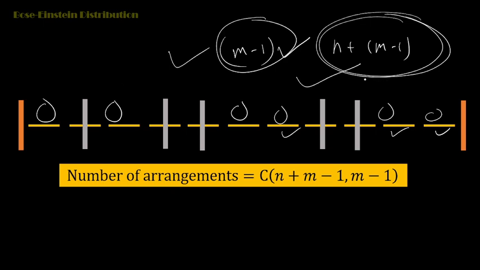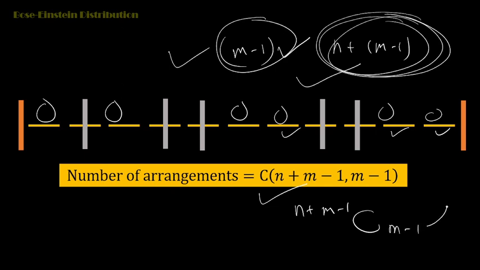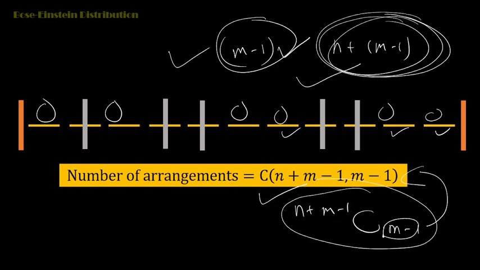The number of ways of selecting m minus 1 places out of a total of n plus m minus 1 is given by a combination formula, (n plus m minus 1) C (m minus 1), which I have written in this way. So in this many ways we can select m minus 1 places for m minus 1 walls out of n plus m minus 1 places. Remaining places will be filled up by balls.